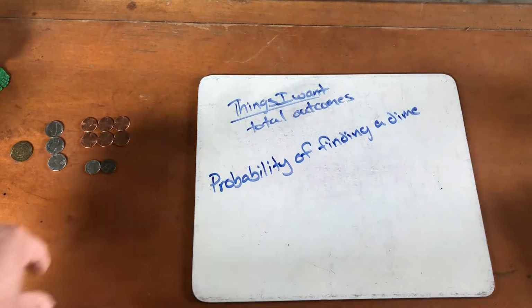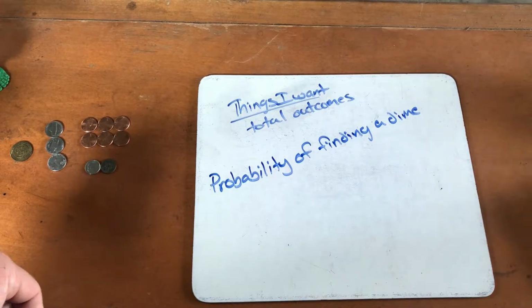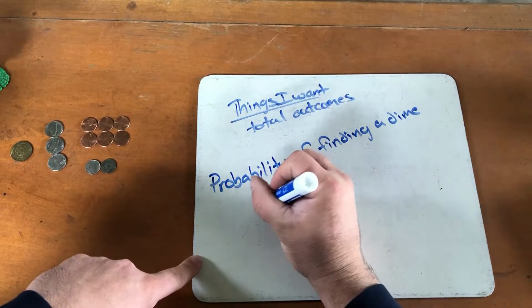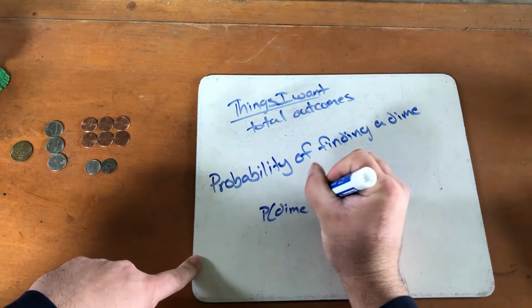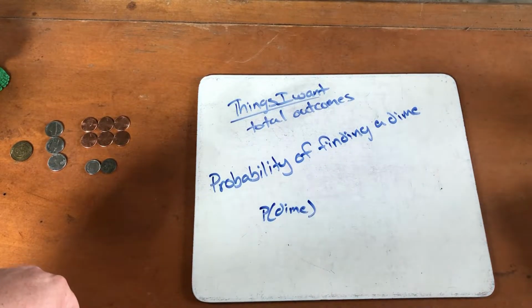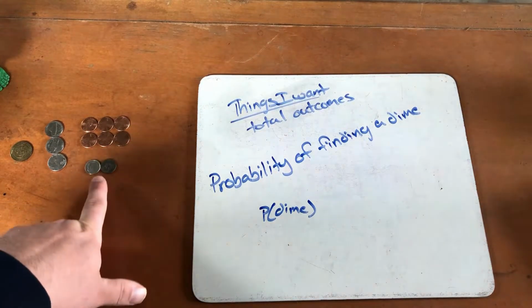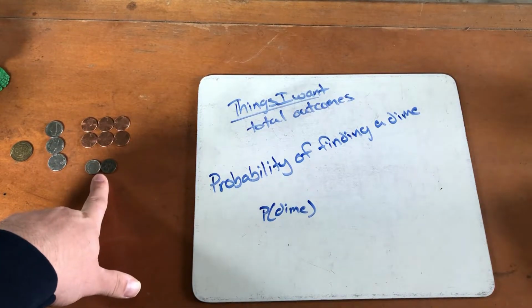Or it could say, what's the probability of randomly choosing a dime? The other way, it could just say, probability of a dime.